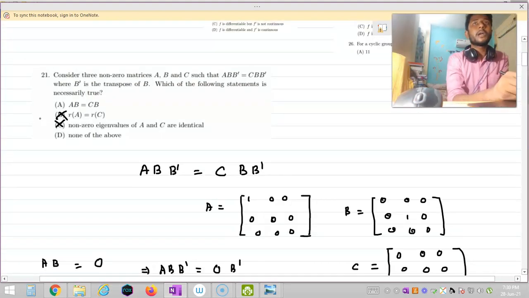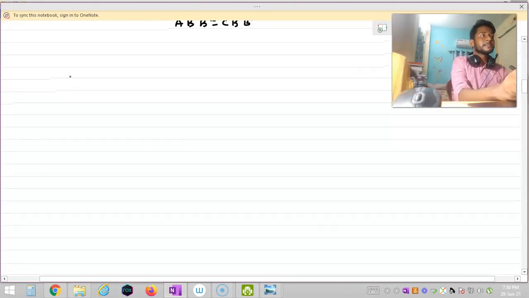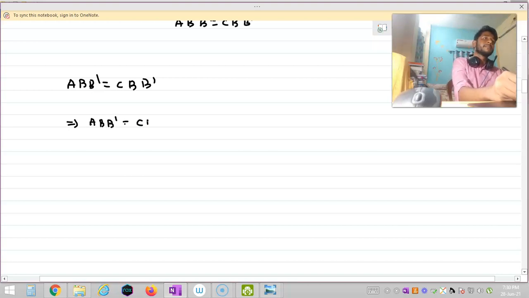Now let us talk about option A. The statement says AB equals CB. Taking this to the left hand side, I am writing ABB' minus CBB' is equal to 0.